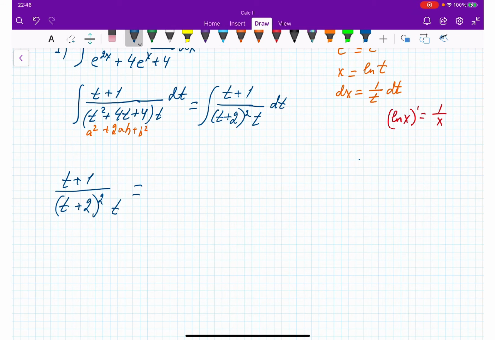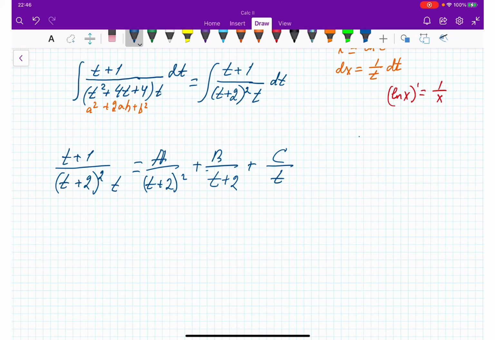Now it's going to be equal, this time going backwards, to a over t plus 2 squared, and then b over t plus 2, because t plus 2 squared includes both t plus 2 and t plus 2 squared, since we don't know which one it is. So we are showing both elements. And plus c over t. Okay, so now we need to find our unknown coefficients a, b, and c.